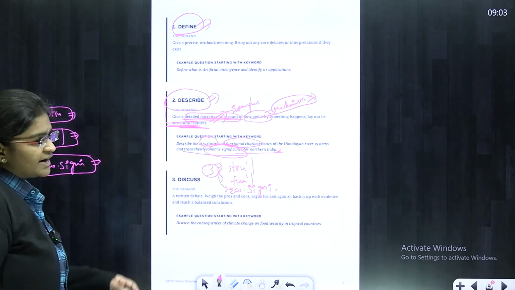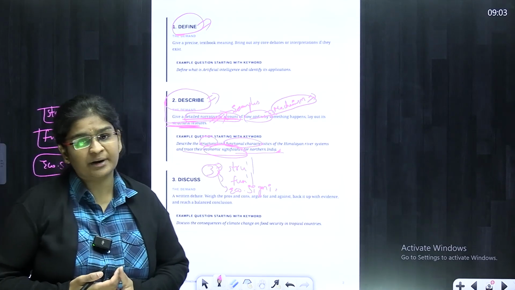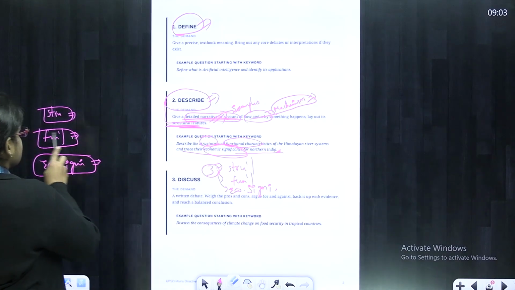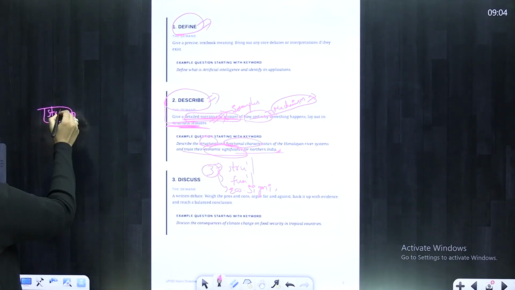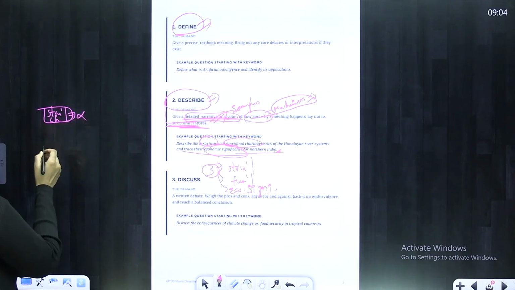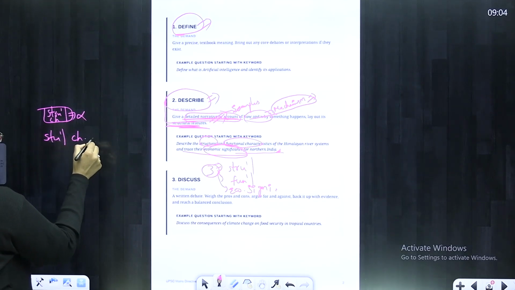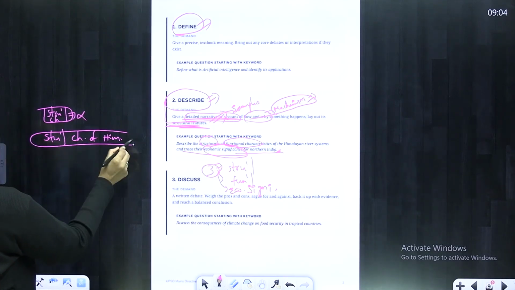While writing the answer, we need to put different subheadings for each. First start with the structural characteristics of the Himalayan river systems. Don't write just "structural characteristics"; this is the wrong way. You need to mention the full thing, like "structural characteristics of Himalayan rivers." Write the full side heading like this.